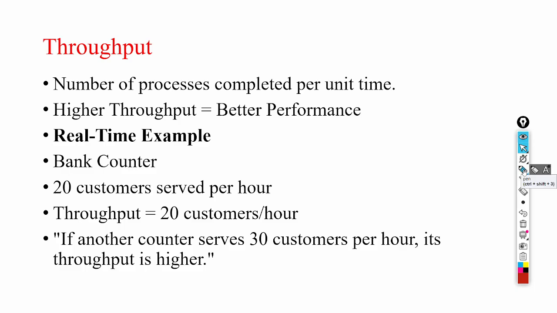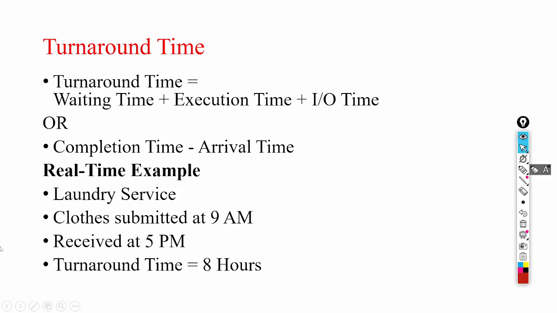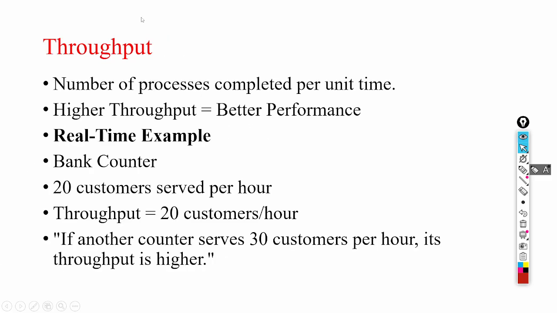High throughput means better performance. Here I will give an example. There are two systems. The system A completes 100 processes per hour.